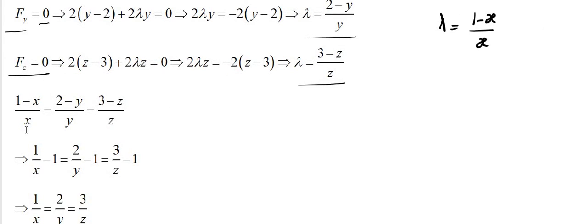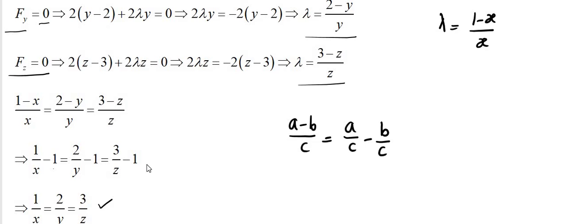So here you can observe, we have an expression like (a minus b) by c. This can be written as a by c minus b by c. That's why 1 by x minus 1, 2 by y minus 1, 3 by z minus 1. Here observe, here minus 1, here minus 1, here minus 1.